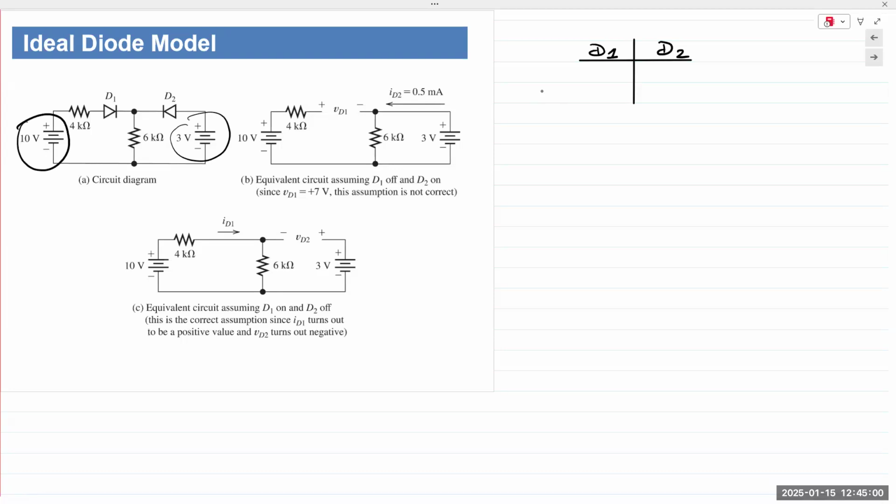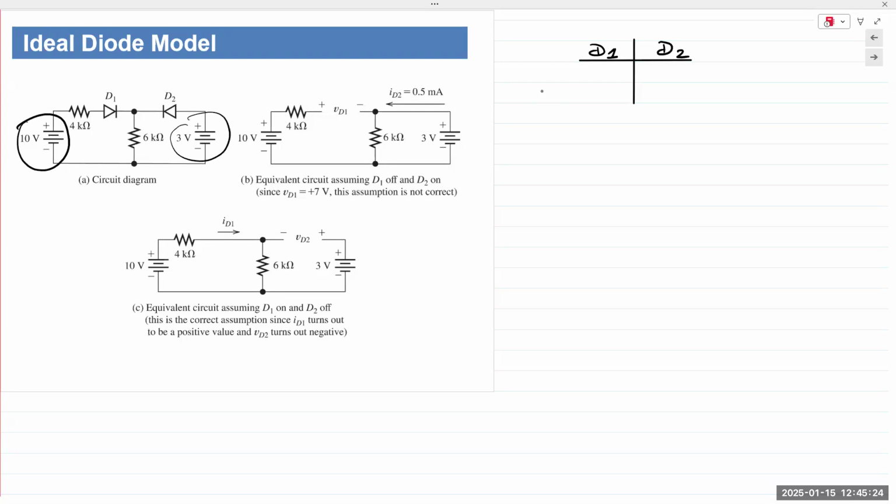That is connected to the anode. The 10-volt source is connected to the anode of D1. I mean, there's a resistor in there, but it's connected to the anode of D1. So logic dictates, or at least I would logically conclude, that D1 is on because the anode is higher than the cathode, right?